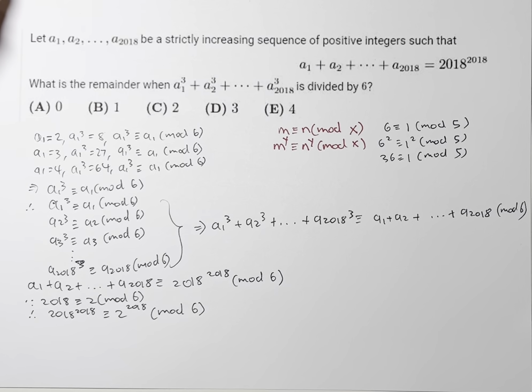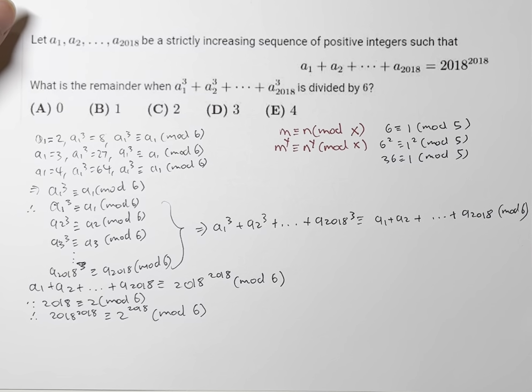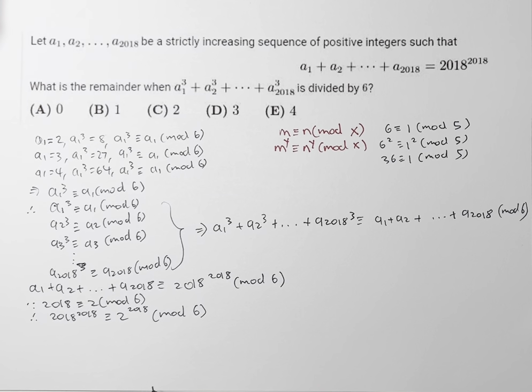And now, we still have a huge number. But when we're asking for remainders, if you're stuck with a huge number and you can't use a reduction formula to solve this one, well, what should you do then? Try to find a pattern in the remainders.